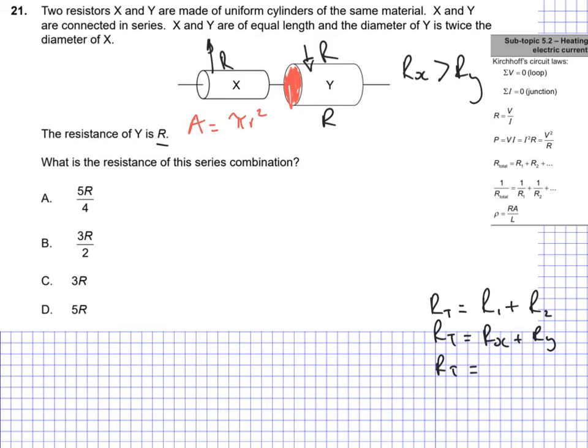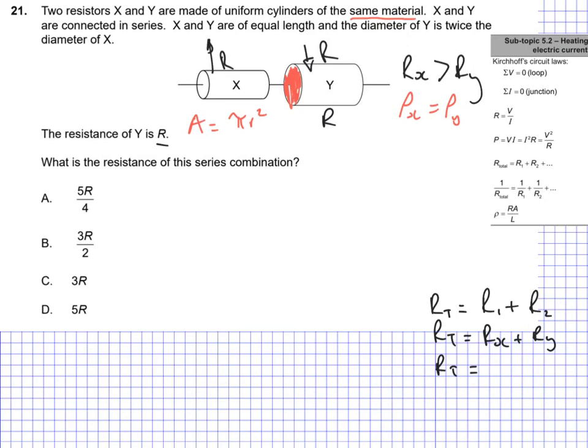And we know that they're made of the same material. So if they're made of the same material, then the resistivity, rho of X, is going to be equal to the rho of Y.